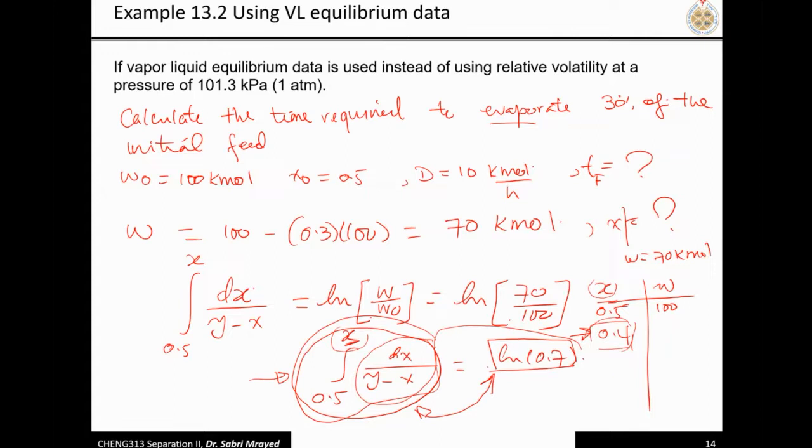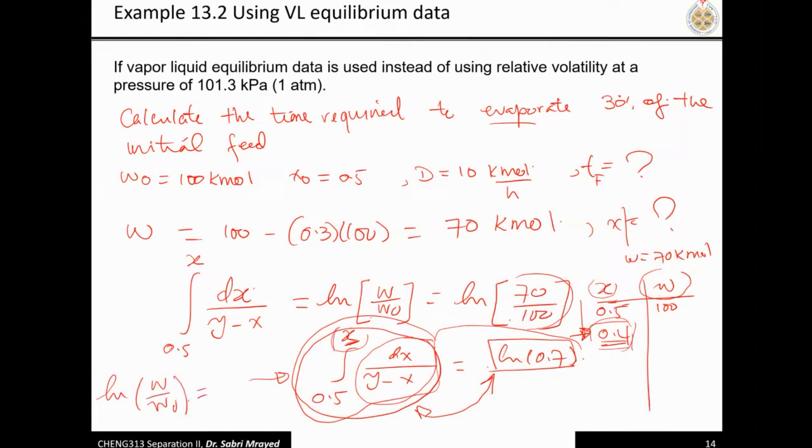So again, you start with 0.5, the initial, and you know W is 100. Now you go one step down, maybe 0.4, or maybe someone else will go down to 0.45. It's up to you. But the main issue is calculating W. You calculate it from ln W over W0.